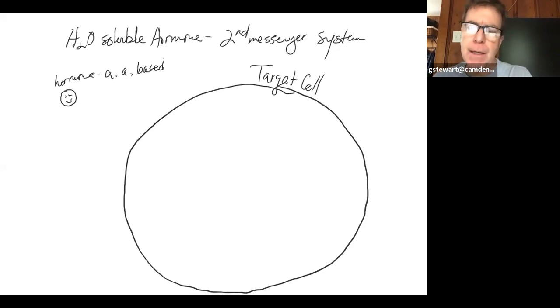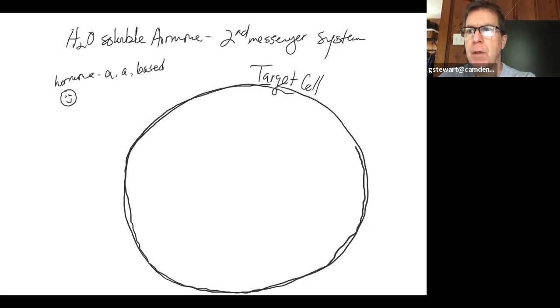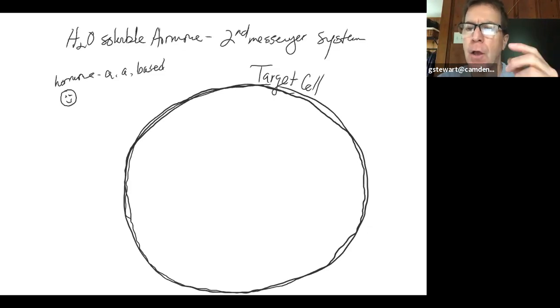Now, as we said yesterday, and this is key to remember, these amino acid-based hormones are water soluble. The plasma membrane of almost all of our cells in the human body is called a phospholipid bilayer. And the key to remember there is that they are lipid-based membranes. We know that water and lipid don't mix.